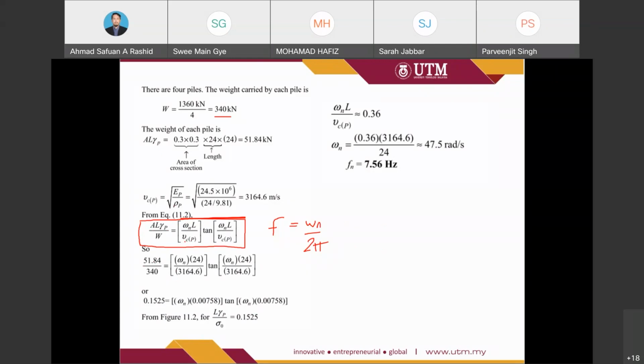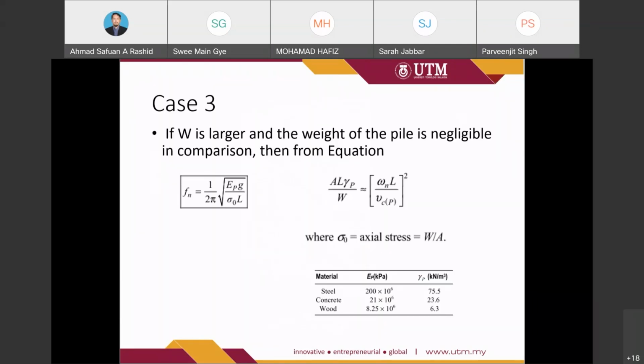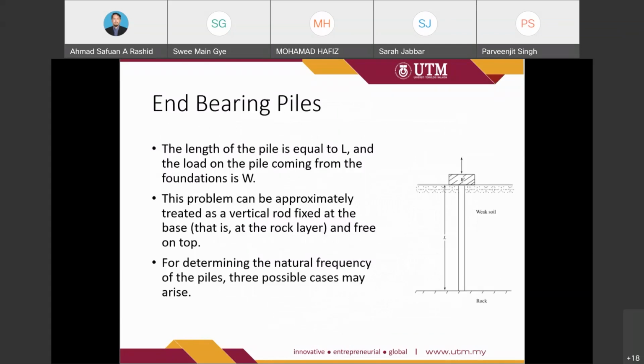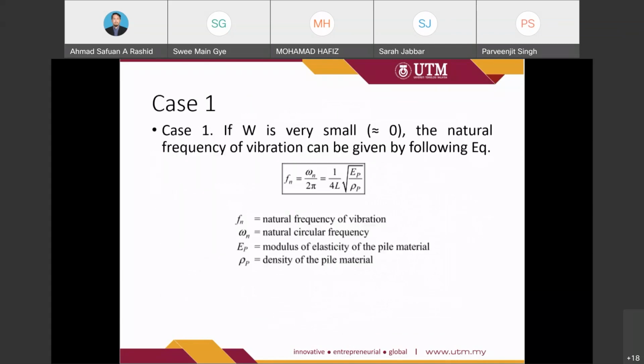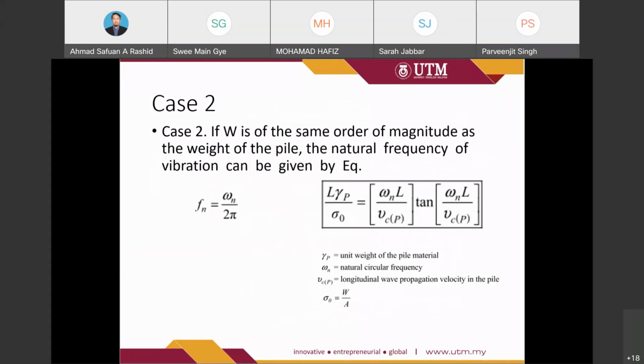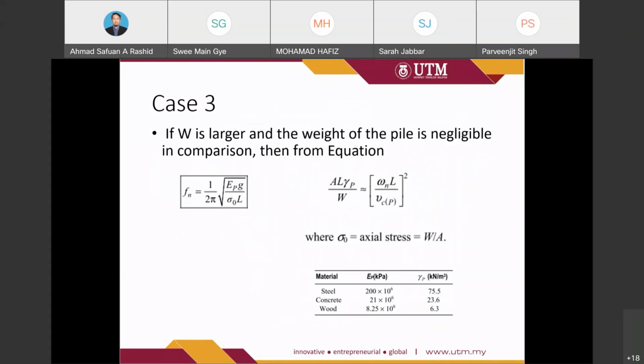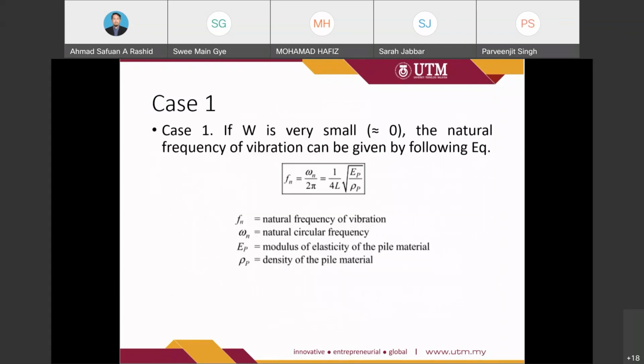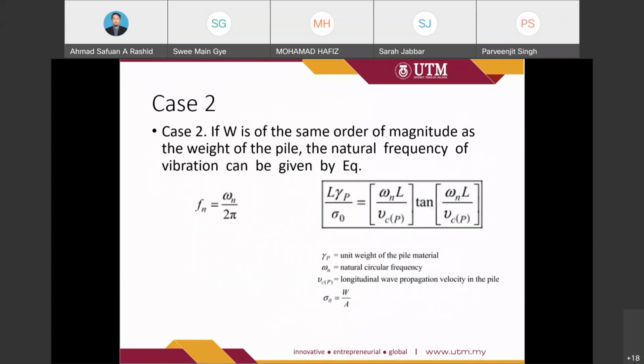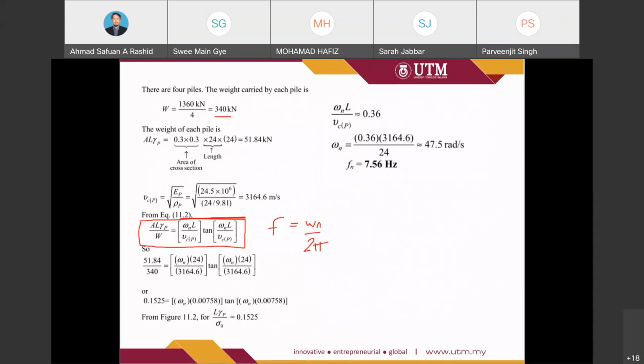So what is the equation for V_cp? Here it is the square root of E_p over rho_p. Actually, I forgot to provide the V_cp, but it has been provided here.